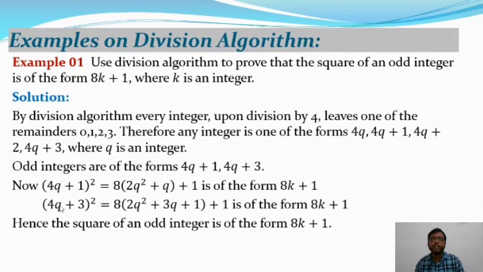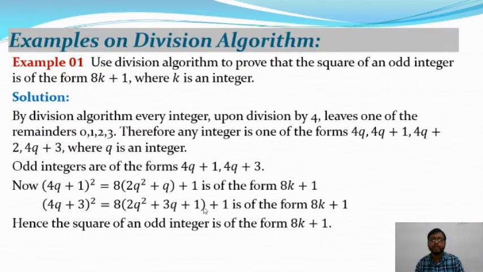Similarly, 4q plus 3 is also an odd integer. So (4q plus 3) whole squared, when we simplify, equals 16q squared plus 4 into 3, 12, into 2, that means 24q, plus 9.